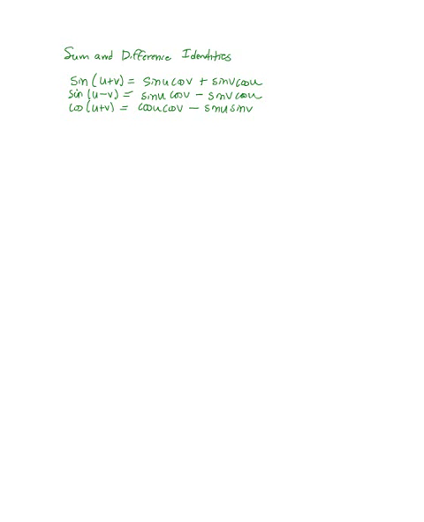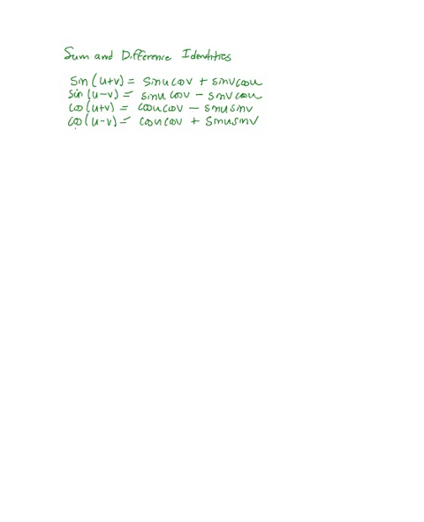But in the cosine of u plus v formula, you actually have a minus in the middle. And it switches to, when you do the cosine of u minus v formula, you get cosine u cosine v plus sine u sine v. So notice there's a sign switching thing. And that really comes back to that fact that sine of negative x is negative sine x. If you look at the proof, that's really where that comes from.